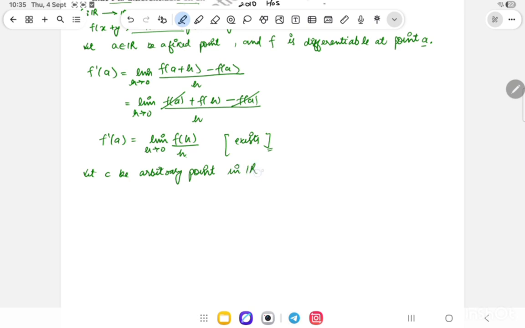If I can show that the function f is differentiable at c, and since c is any arbitrary point in R, then my function f will be differentiable on whole set R.